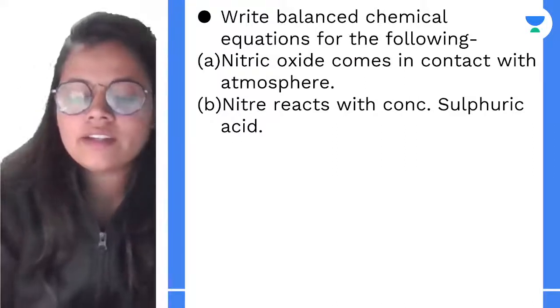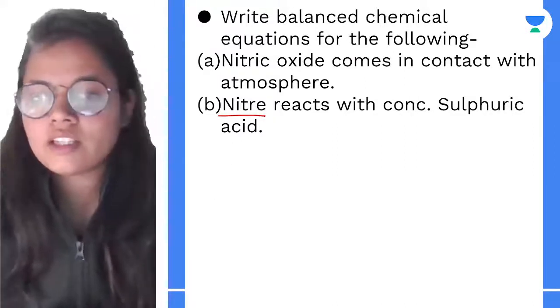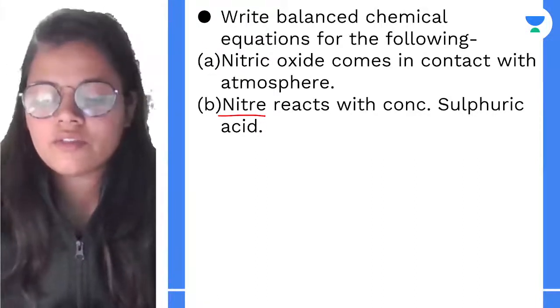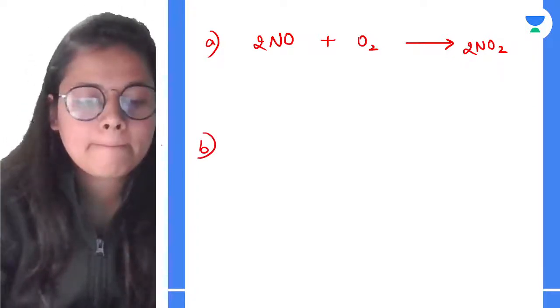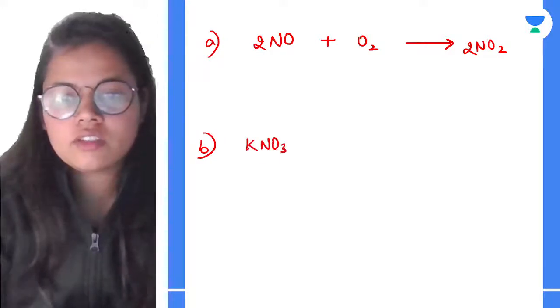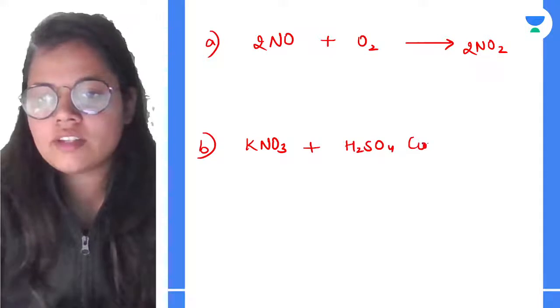Next, nitrate. What is the formula of nitrate? Can anybody tell me? And what happens when it reacts with concentrated sulfuric acid? So nitrate is nothing but potassium nitrate. This is what we have, and sulfuric acid in concentrated form.